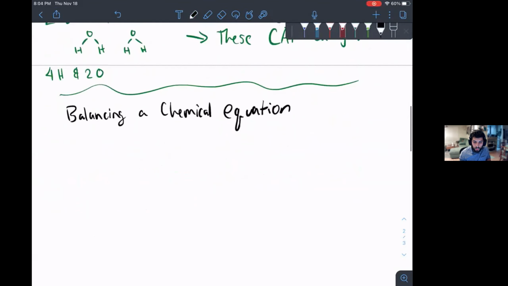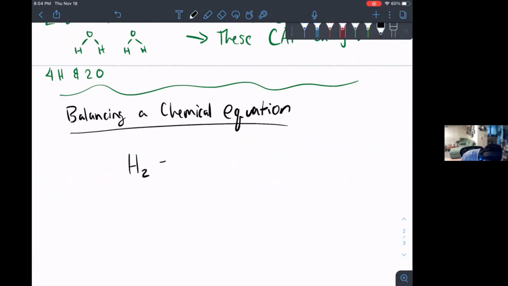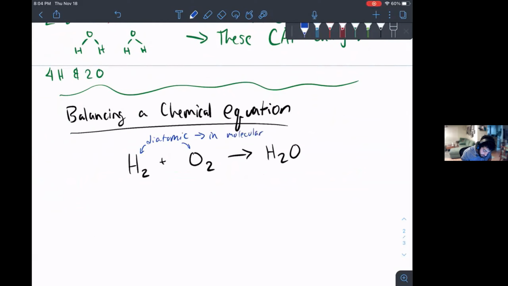If we are balancing a chemical equation, first things first, we're going to need a chemical equation. So we're going to take the one from before, but change it a little bit. In reality, if we are forming water, we actually have to start with H2 and O2. Hydrogen and oxygen are both diatomic, which means they only appear in molecular form with 2 of them.